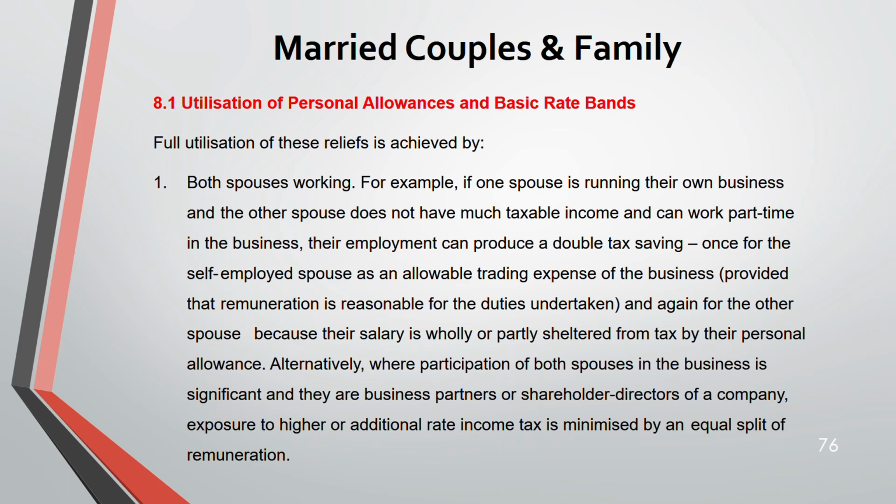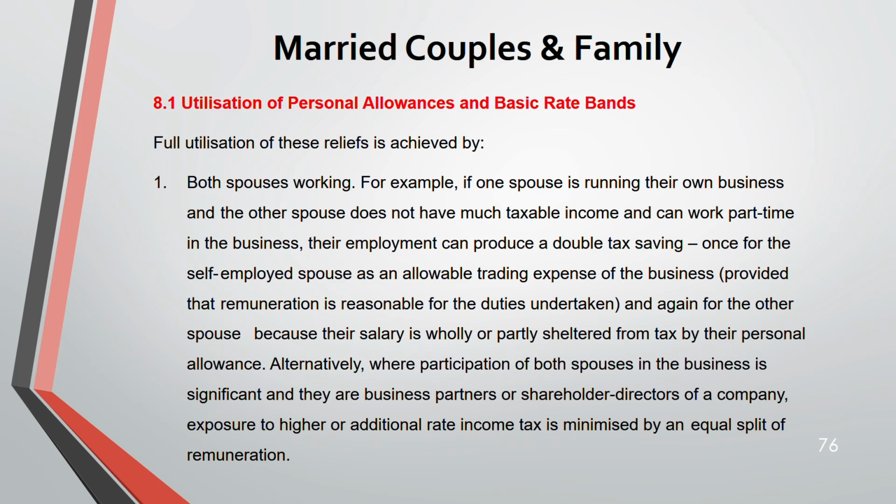It is a double tax saving from the point of view of both. For the spouse who is self-employed, he can deduct this expense on his spouse, who is now an employee, as an allowable trading expense of the business. But remember, the remuneration that you are giving to the spouse who is working part-time in the business has to be reasonable.